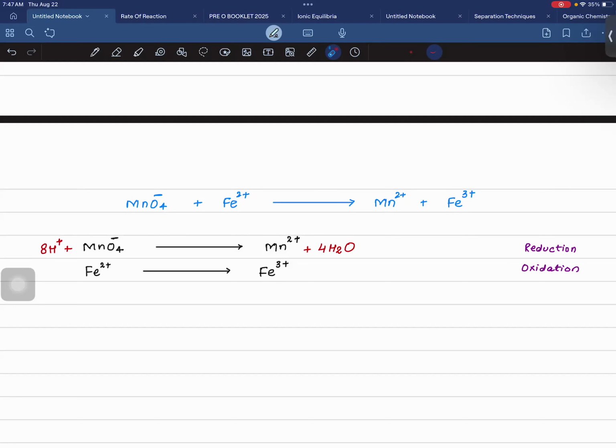Can anyone tell me? Hafsa, Muhammad Ahmad, Irtaza, Maria, Roha, Samir, Shamir, Soha, Tala, Zoha, can anyone tell me what is the charge on the overall product side? Maria is saying this is +2.